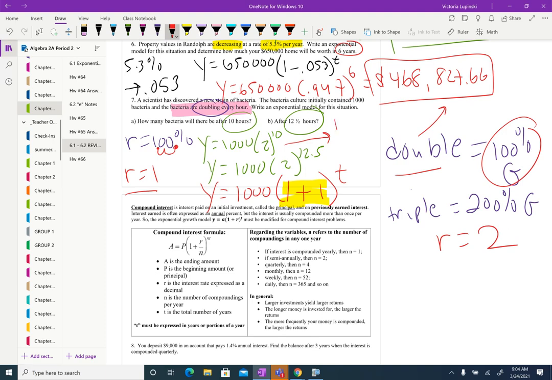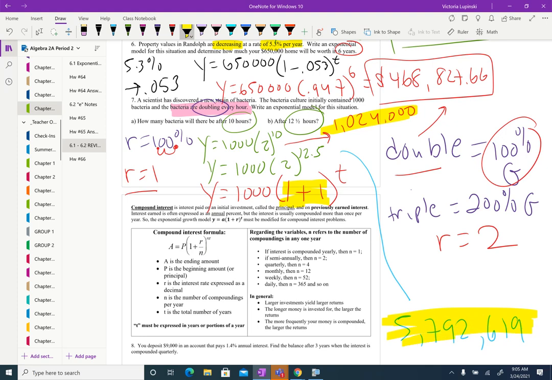So turns out after 10 hours, there's going to be 1,024,000 bacteria. And so that's the answer for 10 hours. And then after 12.5 hours, there's going to be 5,792,619 bacteria. I'm rounding them to the nearest whole number because you can't have part of a bacteria.